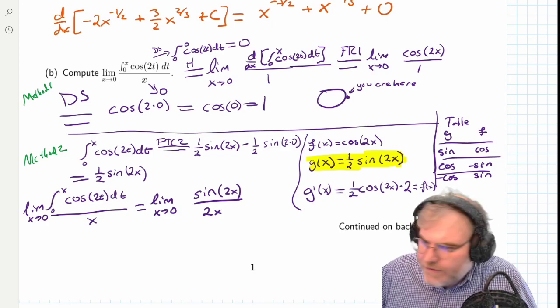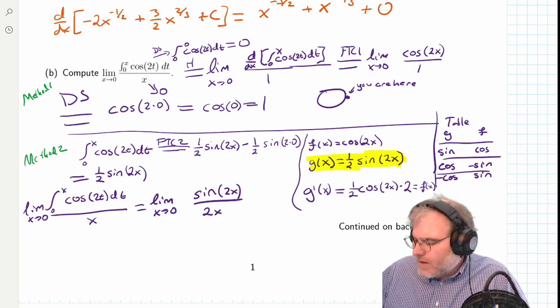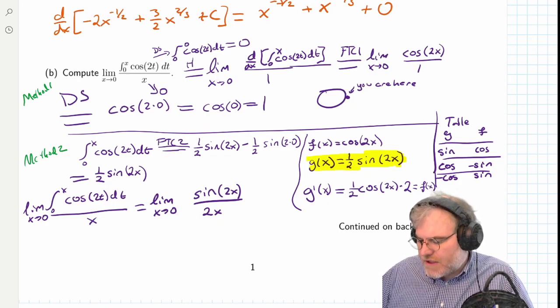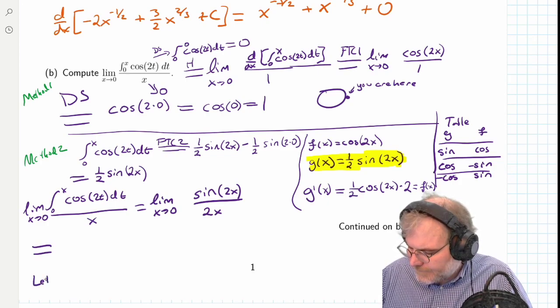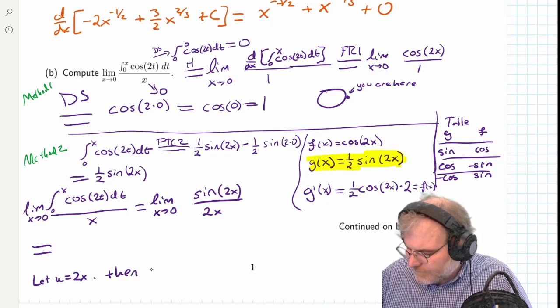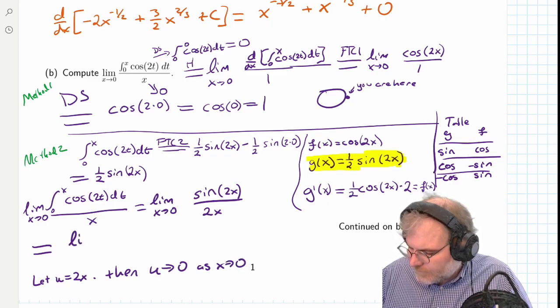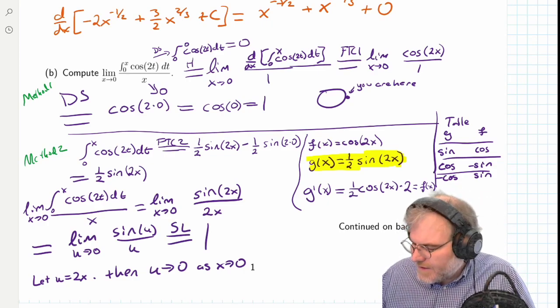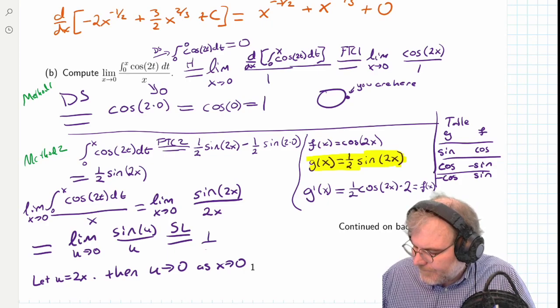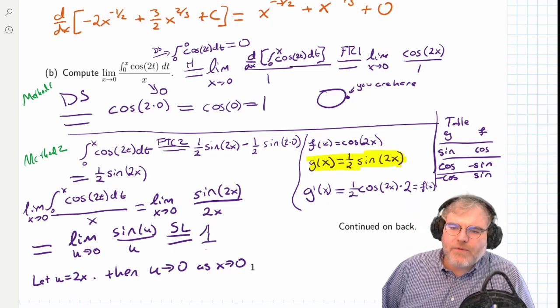Now, I could use L'Hopital's rule on this, but come on. 2x over 2x where x goes to 0. And then I just put it there. Let me get a nice little 1 there.